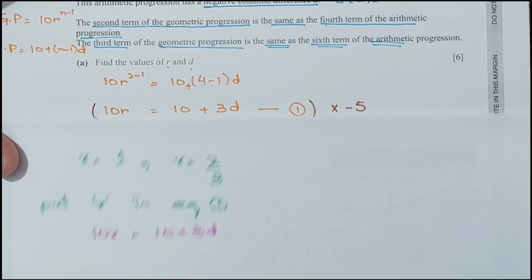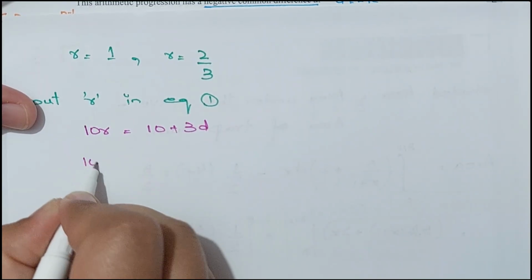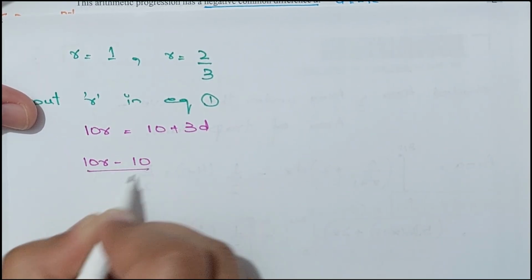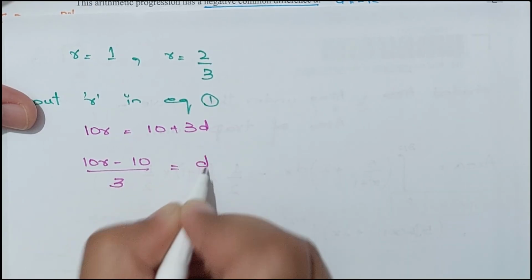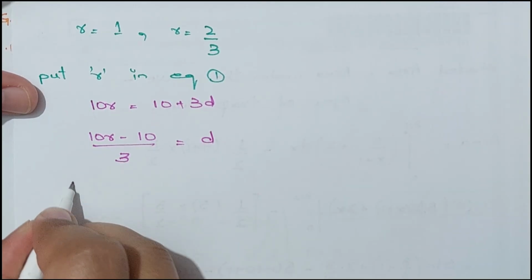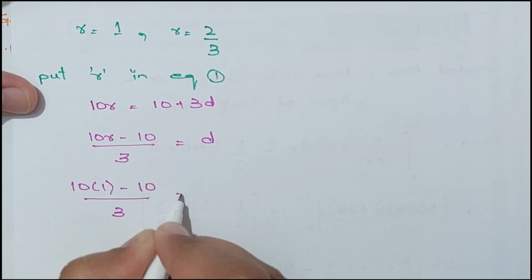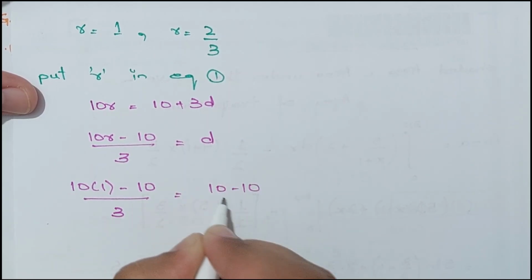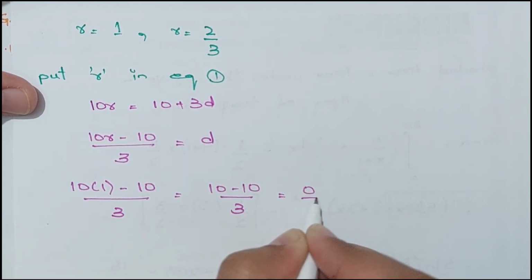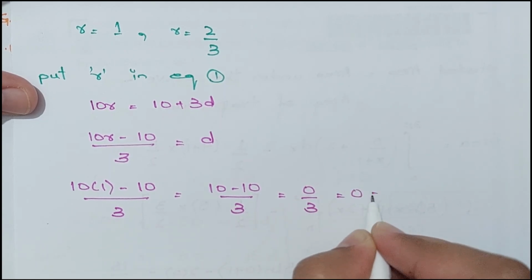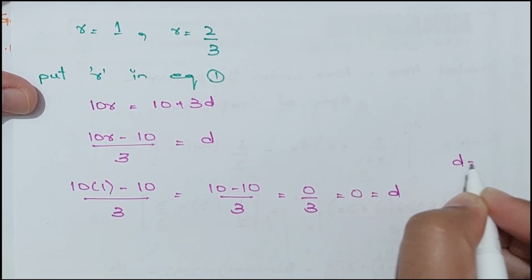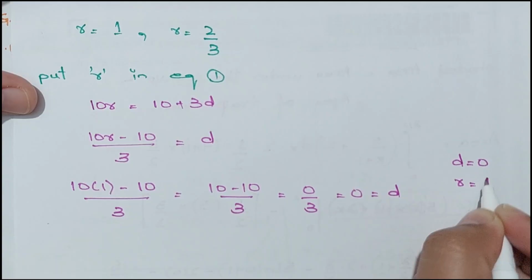We have to solve for d. So 10r minus 10, divided by 3, this would be my d. Plug in 1: 10 times 1 minus 10 divided by 3. This would be 10 minus 10, which is 0, over 3. This is 0. So here d equals 0 and r equals 1.